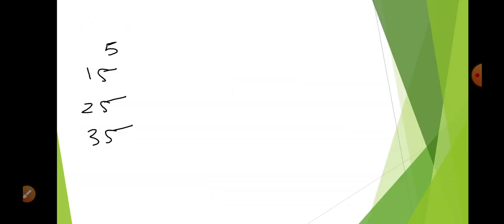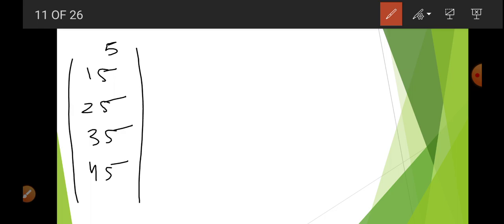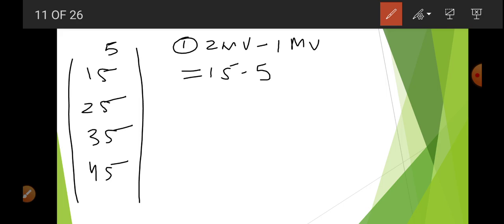These mid values have been given in the question. First step: second mid value minus first mid value, so 15 minus 5. What do you get? You get 10.